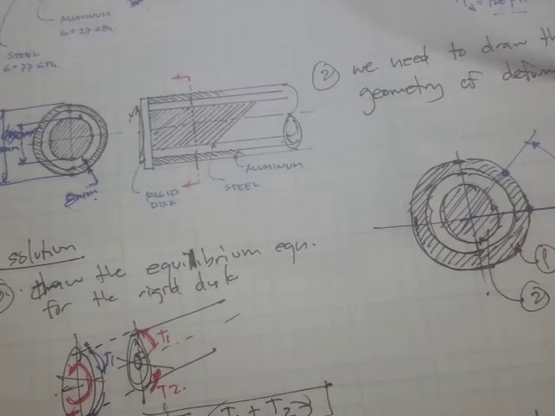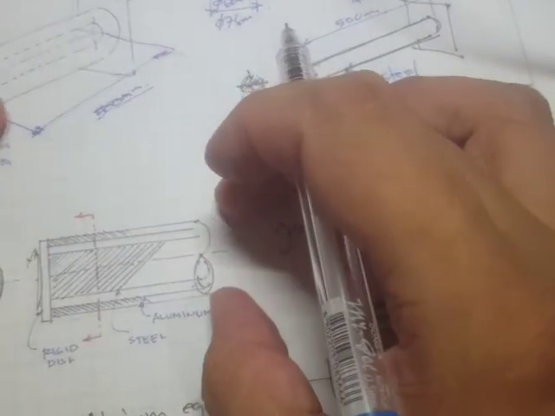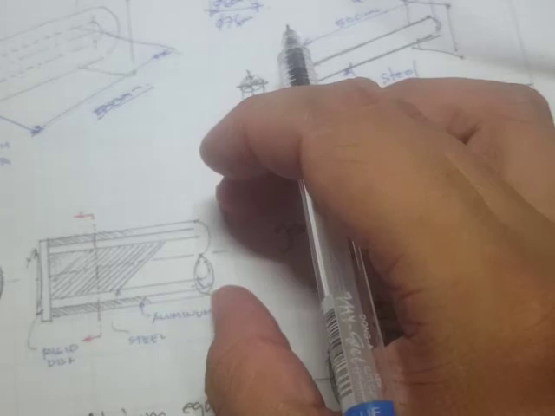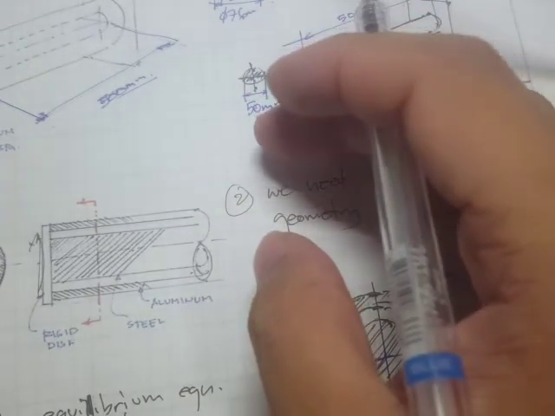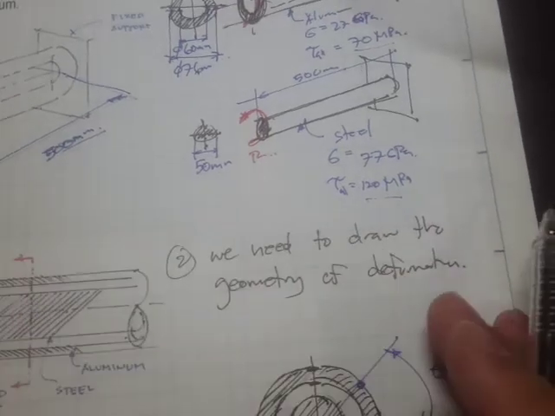Now the reason why they have different torques is simply because they have different geometries, different polar moments of inertia, and also different moduli of rigidity, which is something like a measure of resistance.